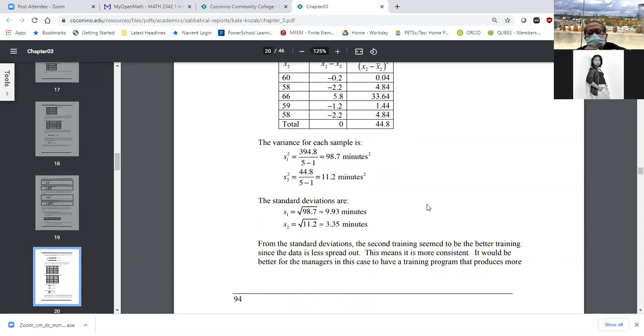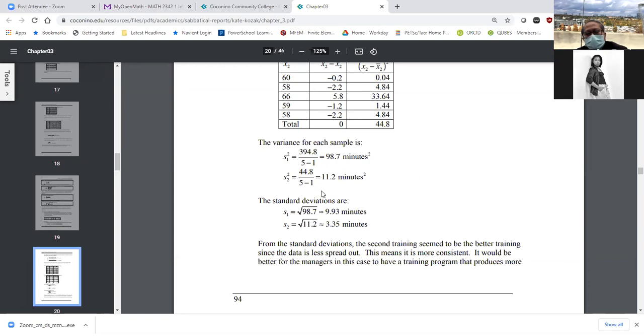Okay. So from the standard deviation, the second training seems to be the better training because it is less spread out. So this is the way to see which treatment or which training is better, if you want to compare two kinds of treatment or training.